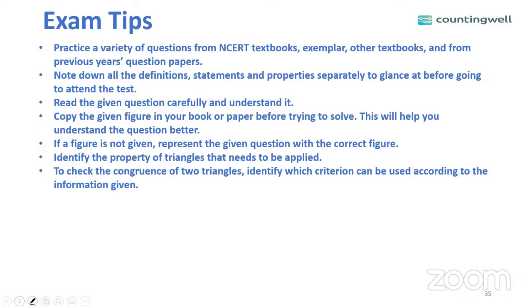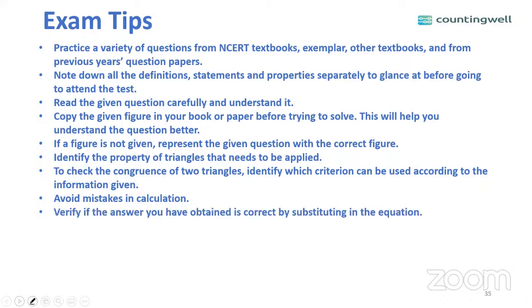Also, take care whether the given triangle is equilateral or isosceles when some measures are missing for the two triangles. You should always avoid mistakes in calculation and verify that the answer you have obtained is correct by substituting in the equation. Also, check whether you have answered all the questions and parts of the questions.